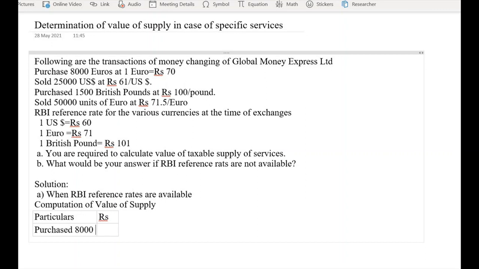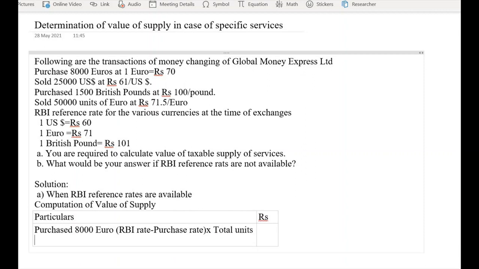So purchased 8,000 euros. So RBI rate is available here. So here it is 70, here 71. So RBI rate minus purchase rate multiplied by total units.